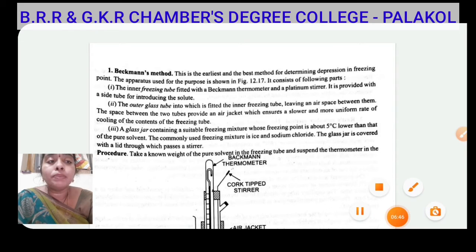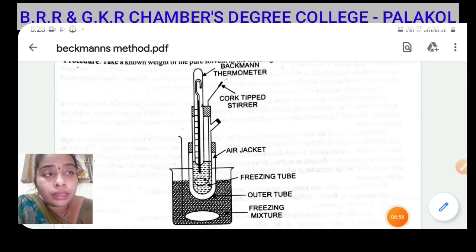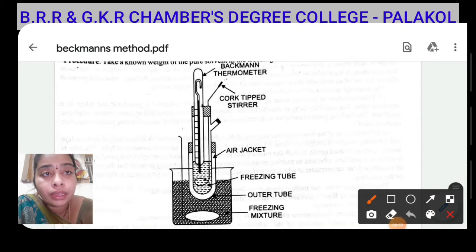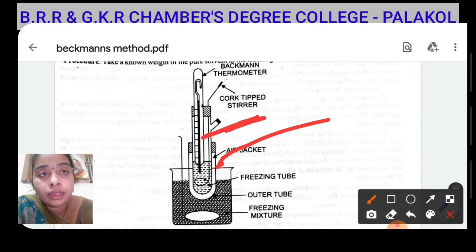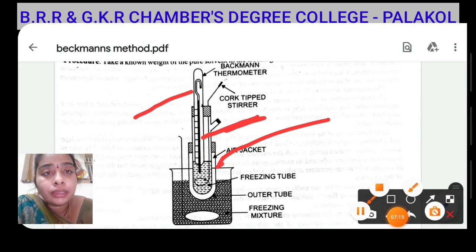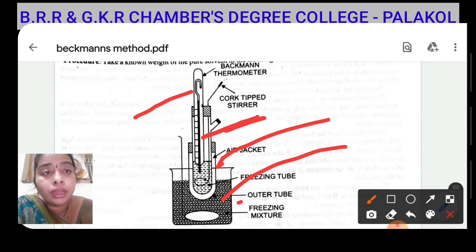The second experimental method is Beckmann's method, by depression in freezing point. In this Beckmann's method, the Beckmann apparatus consists of the freezing mixture and the platinum stirrer.